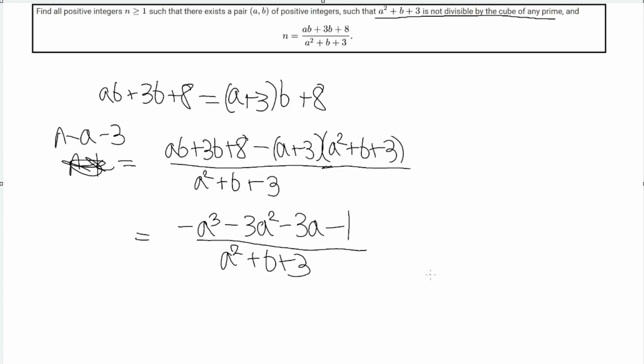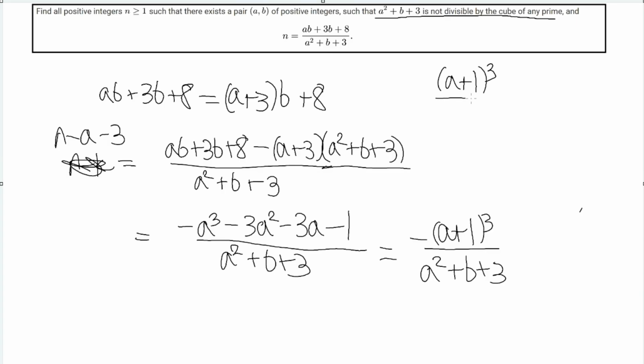But the numerator should immediately trigger something, because that is just negative (a plus 1) cubed over a squared plus b plus 3. And this means that the quantity (a plus 1) cubed over a squared plus b plus 3 is an integer. And since it's obviously positive, it must be a natural number.